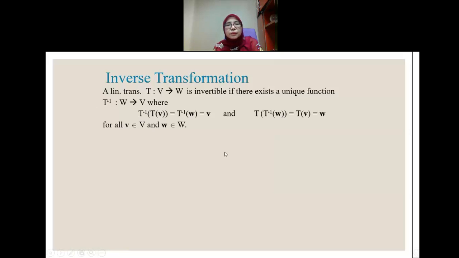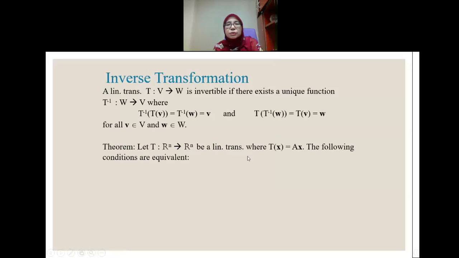In terms of theorem, let T from R^n to R^n be a linear transformation where T(x) equals Ax. The following conditions are equivalent. T is invertible, T is one-to-one and onto, and A is invertible, that is, the determinant of A is not equal to 0.